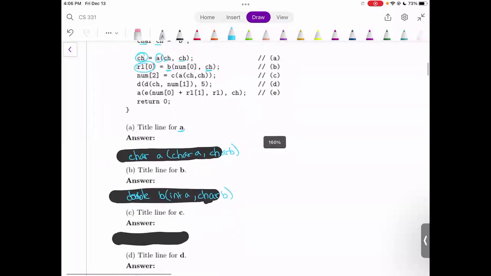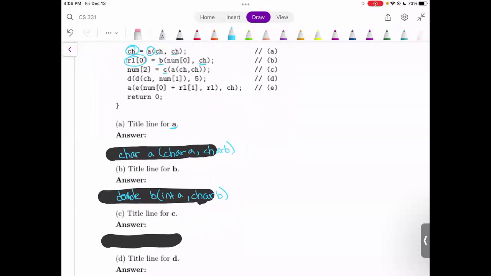Okay, let's try C together. C takes in how many parameters this time?